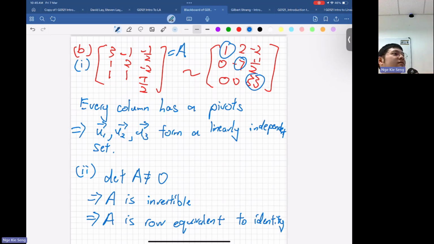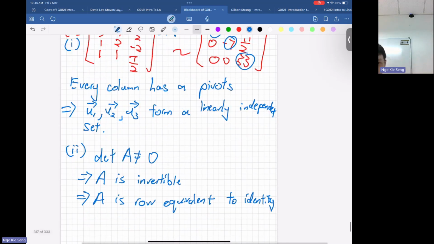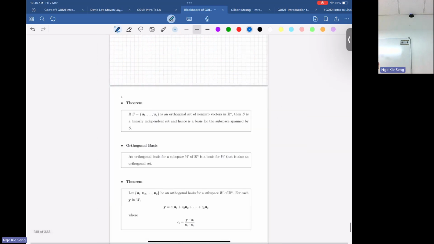C1U1 plus C2U2 plus C3U3 equals 0 if and only if C1, C2, C3 equal 0. But if you're going to check that solution, it's also equivalent to solving the row reduction part. Okay, good.